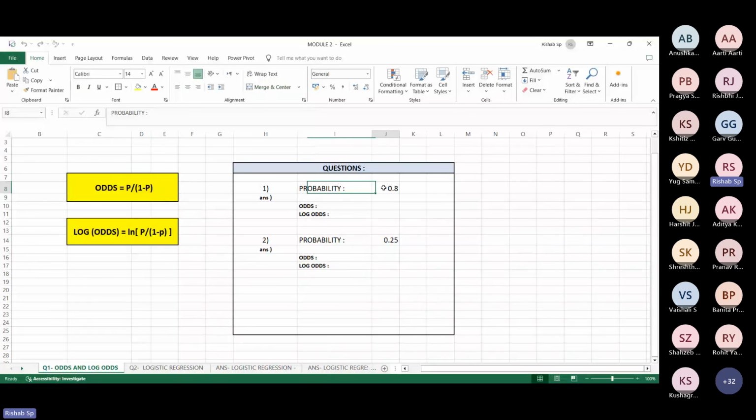So we have a question. They'll give, like, the probability is 0.8, find the odds. So what is the odds? 0.8, the probability of something happening, divided by 1 minus 0.8, the probability of the same thing not happening.